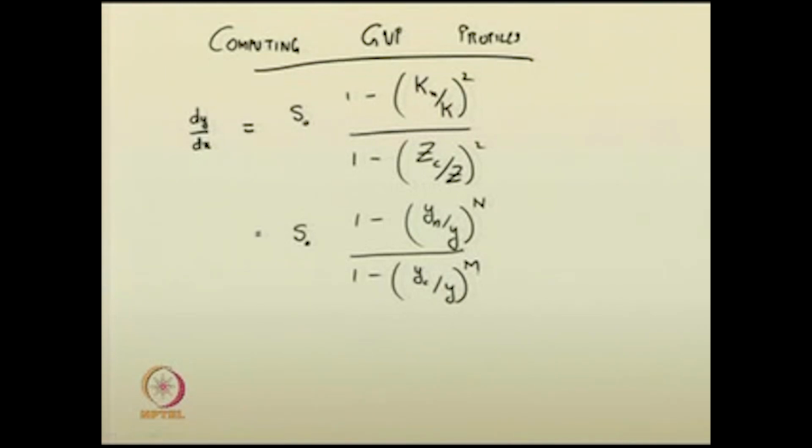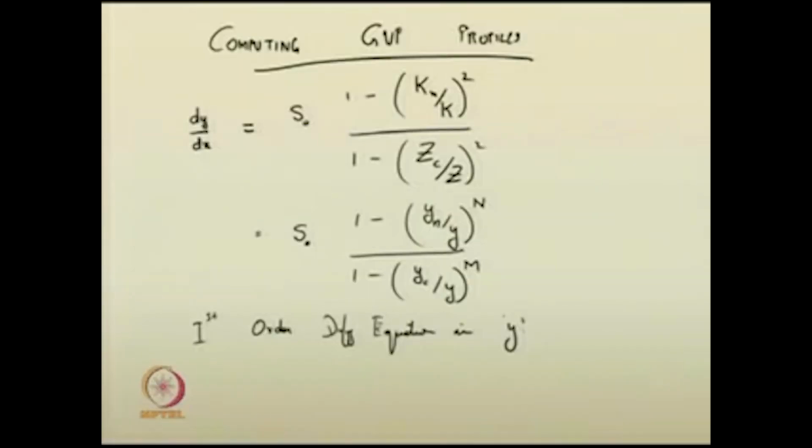So, you can see that this is a first order differential equation in y. We have also seen that it requires one boundary condition to solve, and to solve that we have described the control sections in open channel flows.